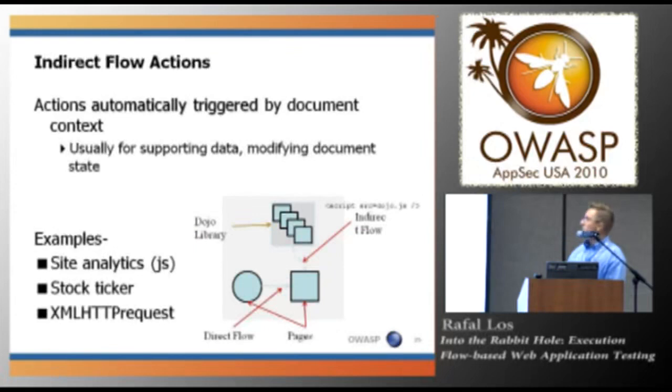And just to completely confuse everybody, indirect is actions that are automatically triggered by document context. So these are things that are supporting data, modifying document state. So some of the examples in this are like libraries that are loaded, stock tickers, XML HTTP requests that are made on your behalf by your browser that you have no control over. Things that just sort of show up, if you've ever been to a site that has Google Analytics, you didn't request that .js file.